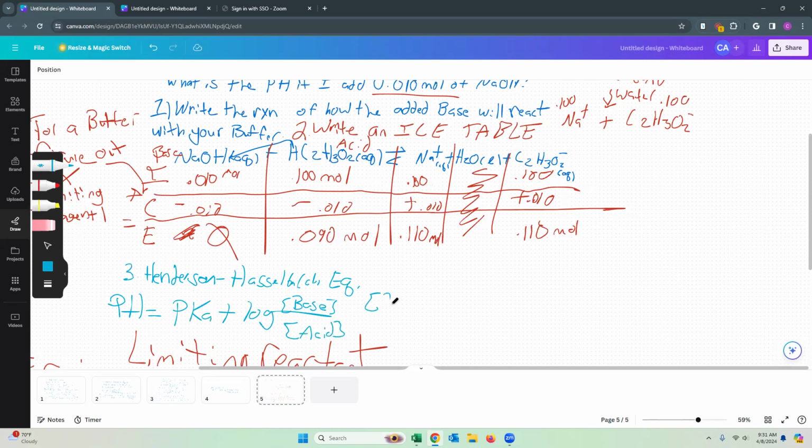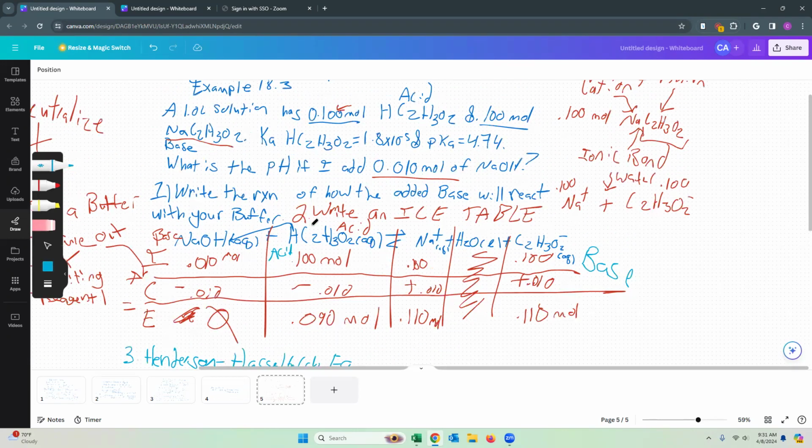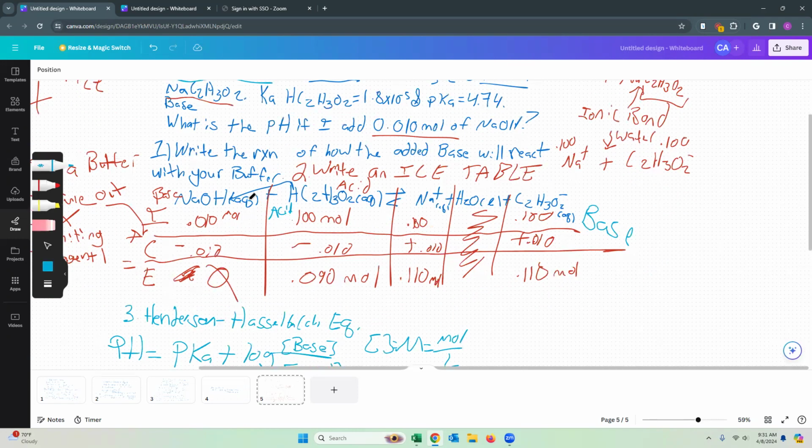Remember, brackets equals molarity, which is moles divided by liters. Right now, our acid and our base, remember, always keep straight what's your acid and base, but right now our acid and base are in moles, so I need to divide by the volume. And I'm saying the volume is 1 liter. So I'm going to take my acid divided by 1 liter, take my base divided by 1 liter.